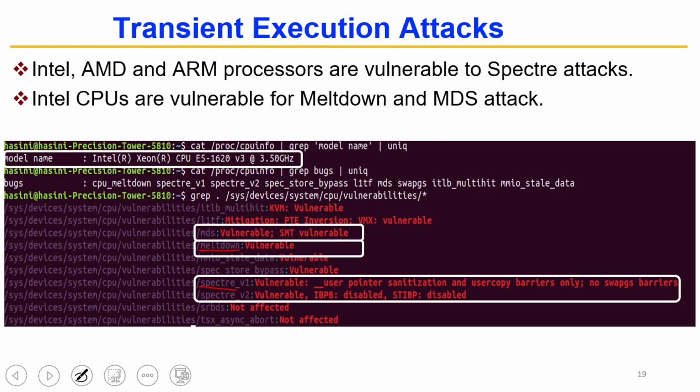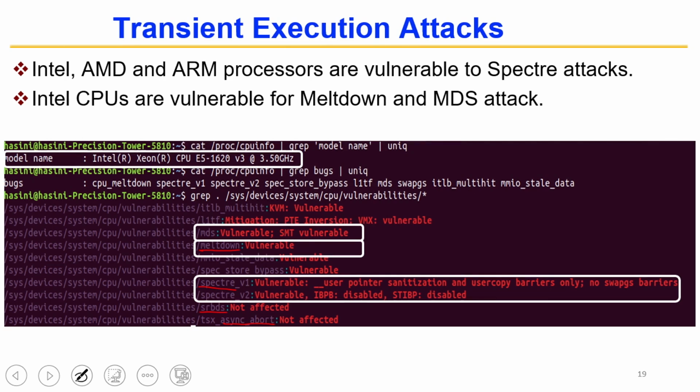So, Spectre is vulnerable, but there are also many other attacks known in the community that do not affect this Intel processor. That is what it means: not affected means we know about this attack, but on this machine that attack will not be a problem.